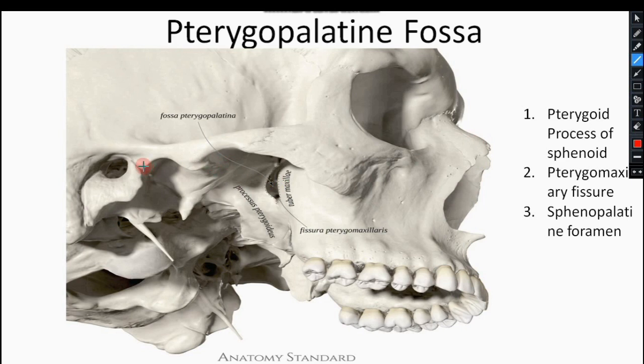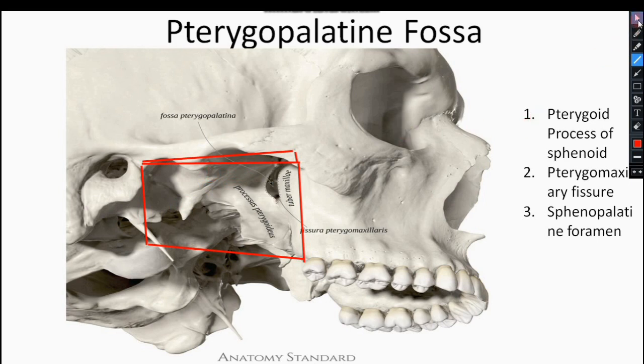See, infratemporal fossa is here and here, and this infratemporal fossa forms a part of the base of the skull. This all is the infratemporal fossa.